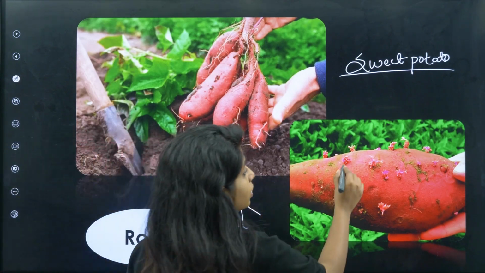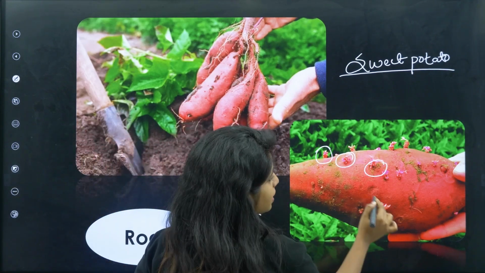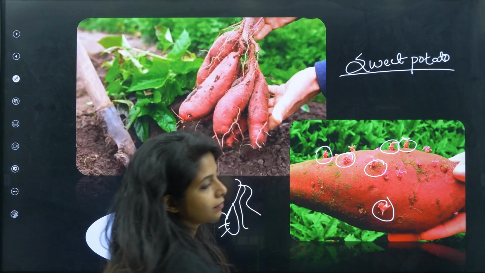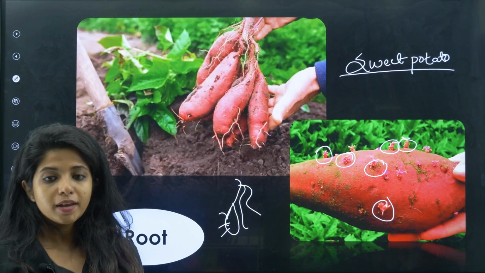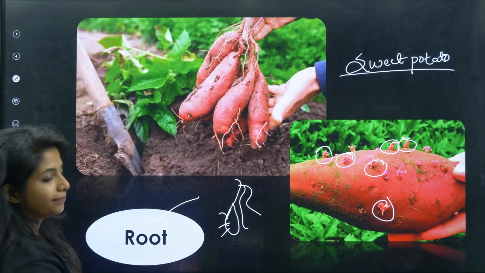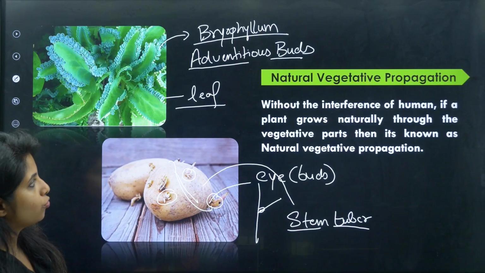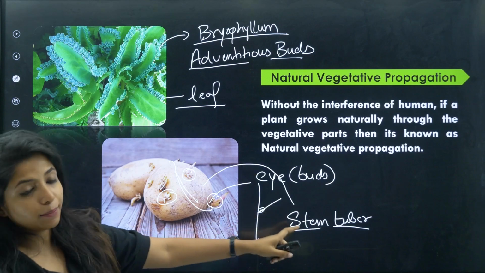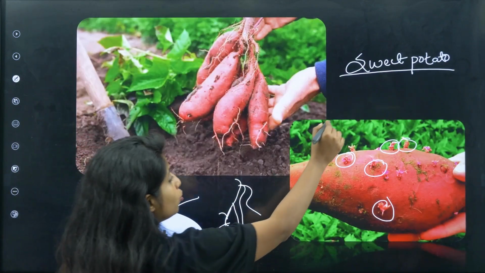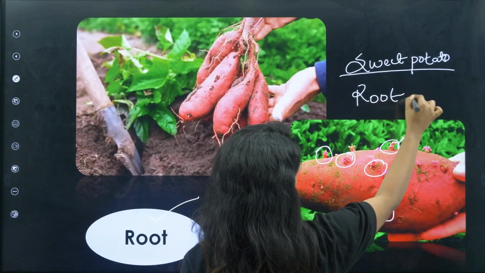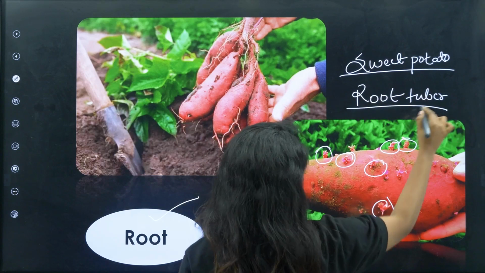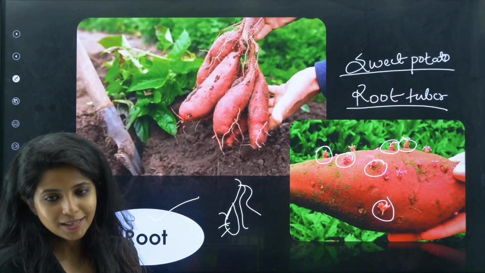And now over here you can see again, new plants are arising. So I hope this is clear to you. Fine. So leaf, stem tuber, and this is what? Root tuber, and all of them occur naturally through vegetative plant parts.